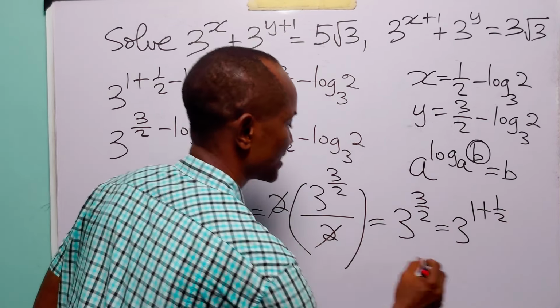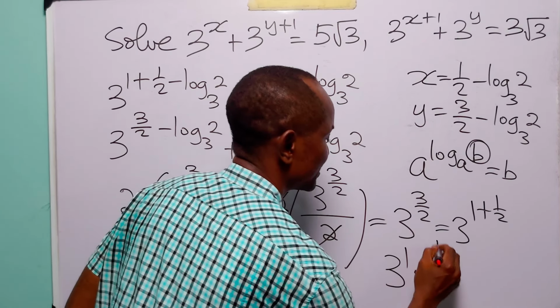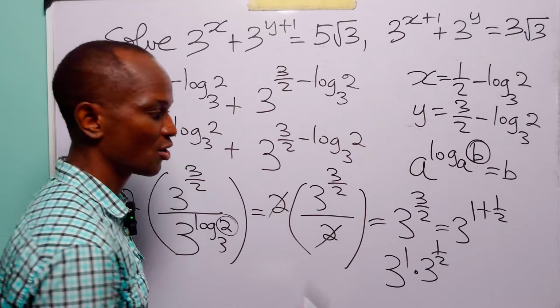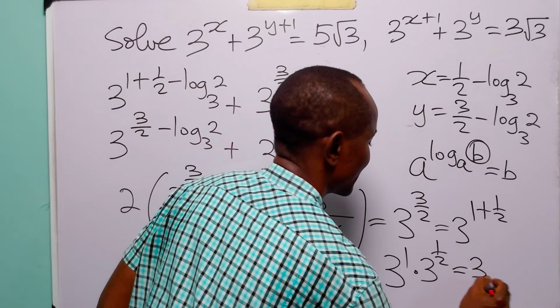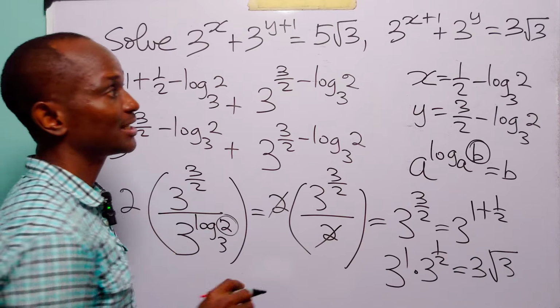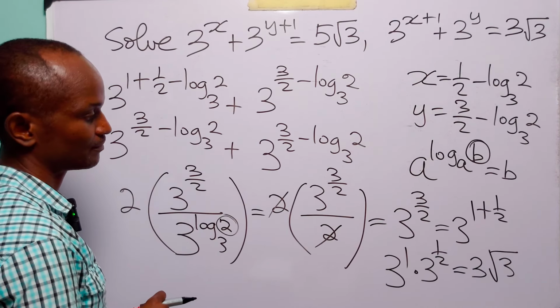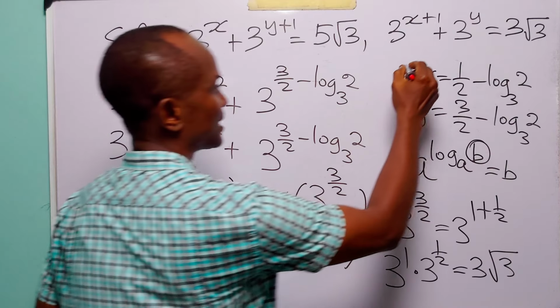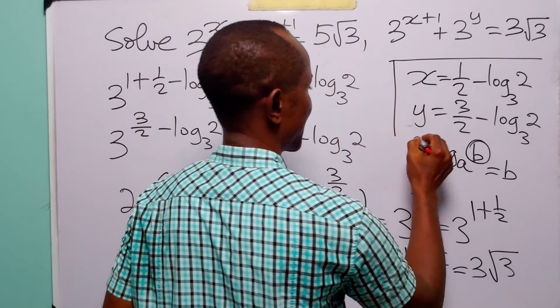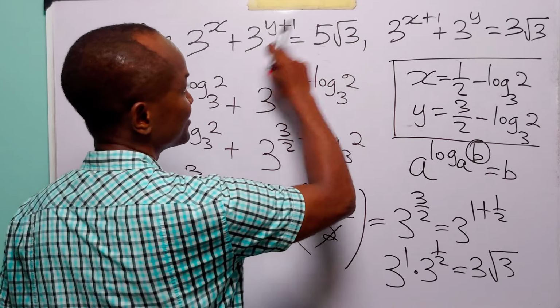And of course, we can write this as 3 to the power 1 multiplied by 3 to the power half, which is the same as 3 root 3, which is exactly what we have on the right hand side of the second equation.